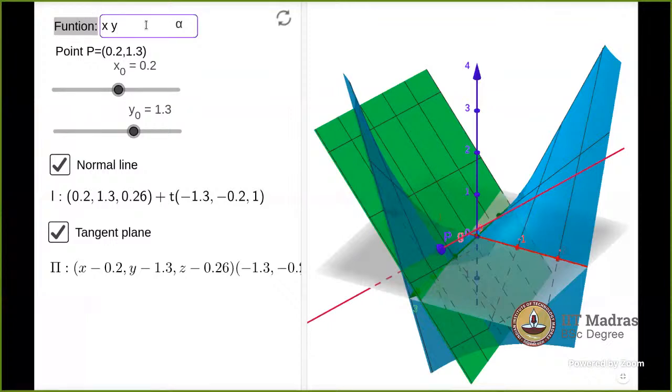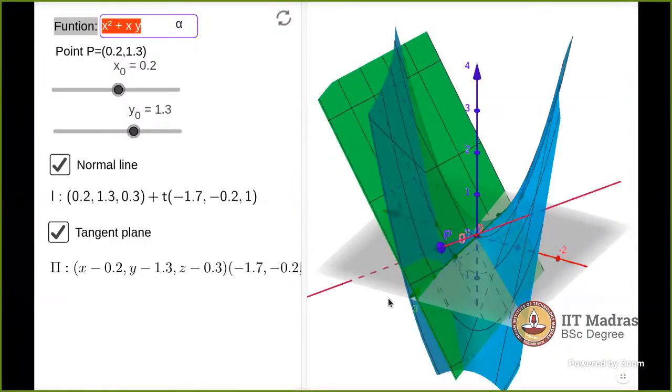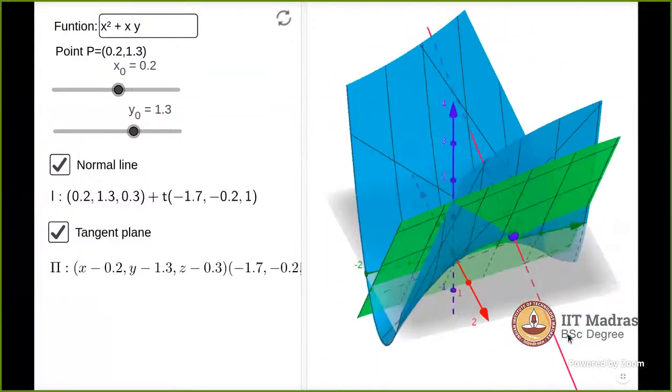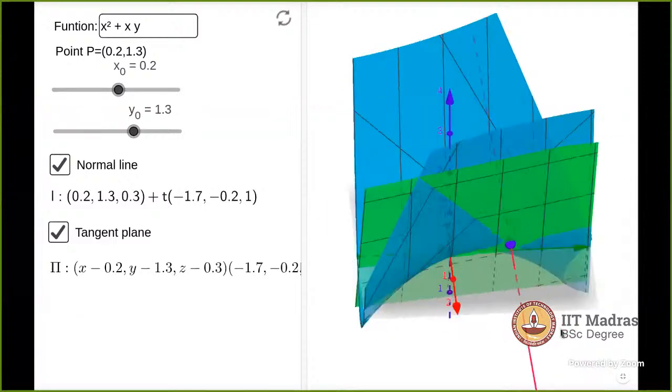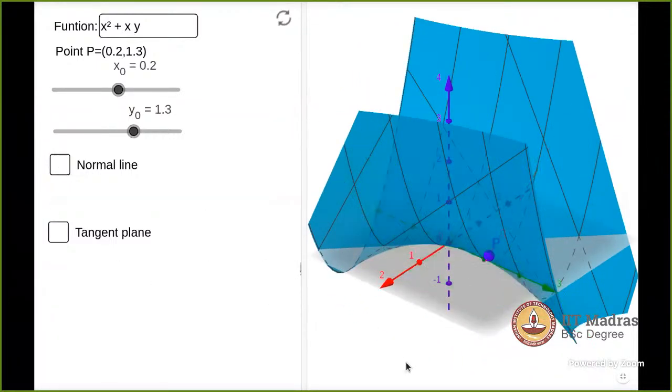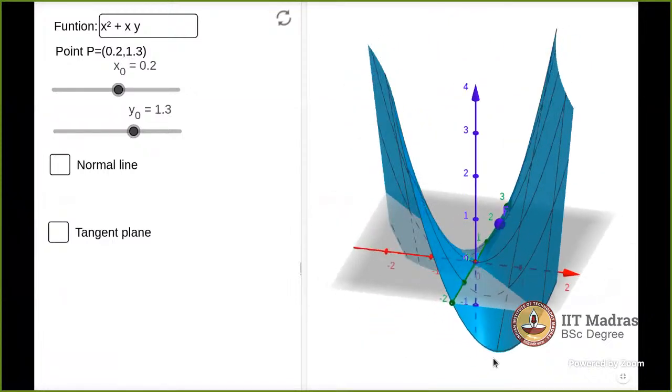Suppose I want to take x square plus xy. It will look like this, and at that point the tangent will look like this. So you can play around with all this. If I remove this tangent plane, this is how the function looks.